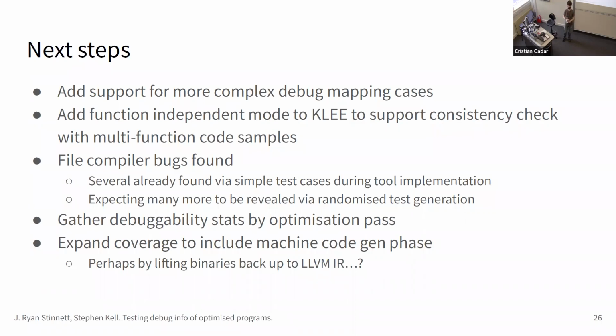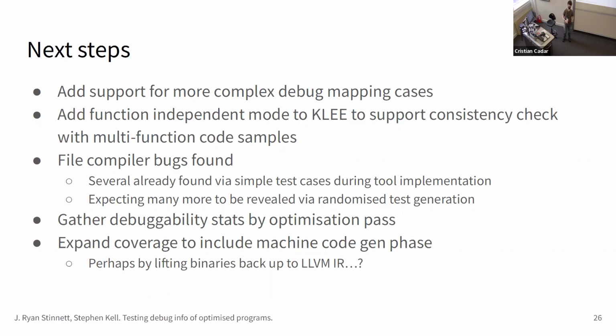So the fact that it's so easy to find those, just typing in things that you can come up with in your head, suggests that there will be many more bugs revealed. And from previous knowledge, from the way that the optimization path handles debug info, I expect there are many more cases we will find once we start applying automated tools as well.